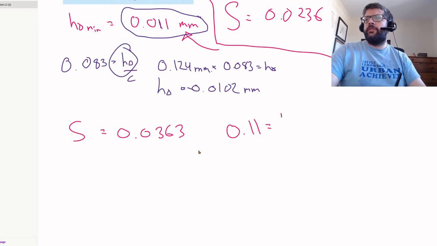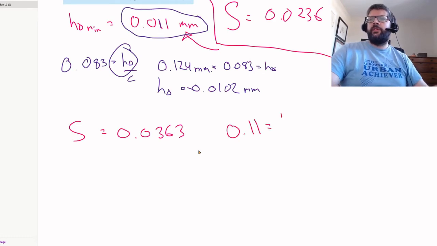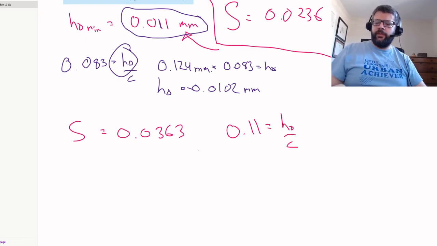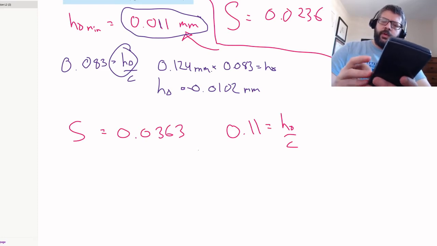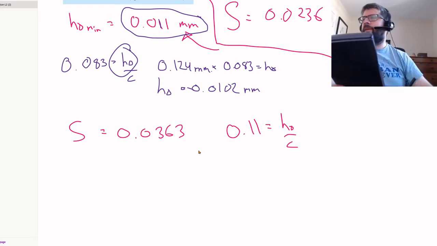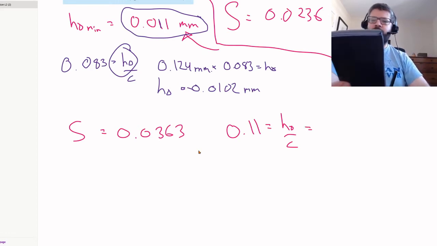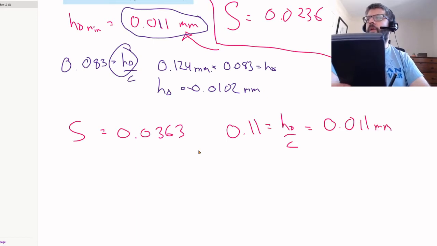0.11 is equal to h naught over c. So solve for h naught by multiplying out the c. The new c was 0.1. So 0.11 times 0.1. Oh, hey. I swear to God I didn't plan this out, but that gives us an h naught of 0.011 millimeters, which is exactly what we're trying to target.